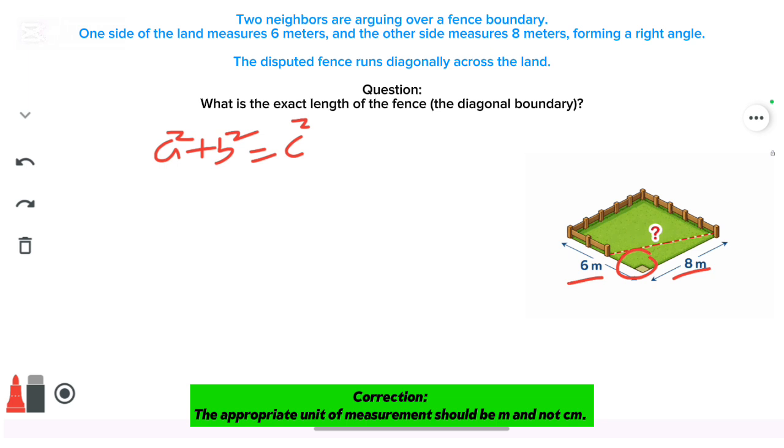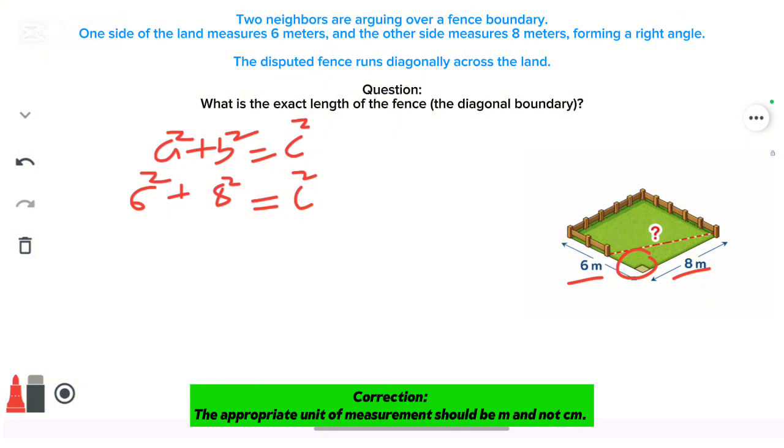Let's say a is 6 squared and b is 8 centimeters or 8 squared, which is equal to c squared, which is unknown.